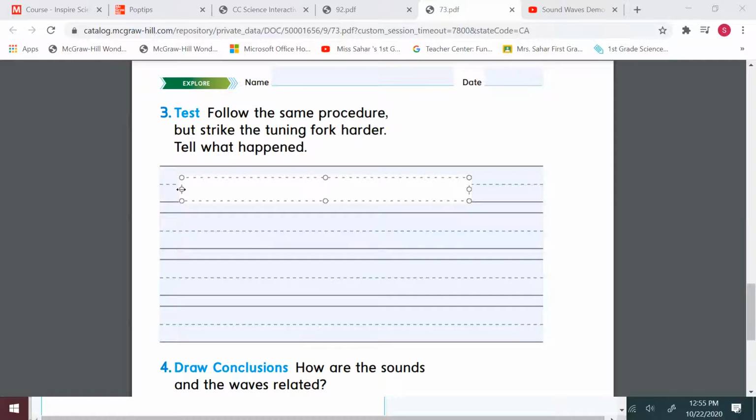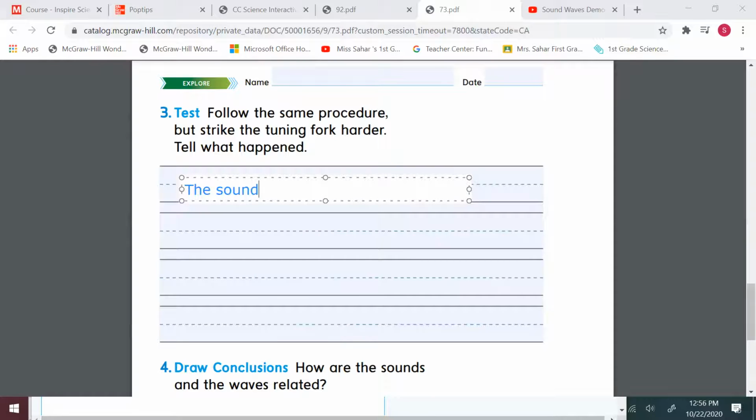But what happened when we hit it harder? First of all, what did you hear? Lower sound or higher sound? Of course, the sound was louder. And the ripples or the waves in the water was larger as well. So the waves were larger and the sound was louder when we hit it hard. So we need to put this down. So what happened to the sound?